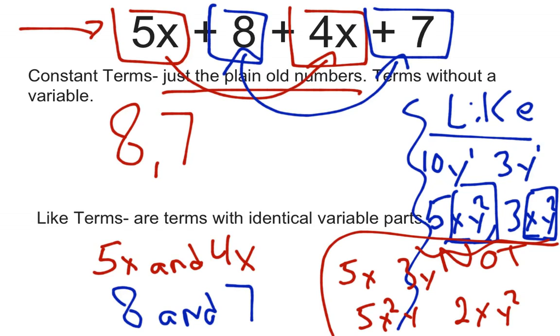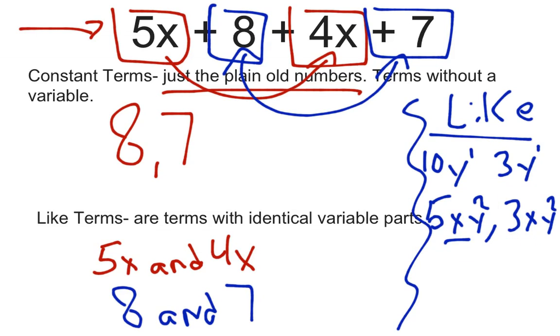It's a little confusing. They both have x's, they both have y's. However, they are not identical variable parts because one has an x squared, one just has an x to the first. So those are not the same. Same thing with the y's. One of them has a y to the first, one of them has a y to the second. Those are not like terms. And we can talk more about that. I'm going to get rid of all of this stuff here.